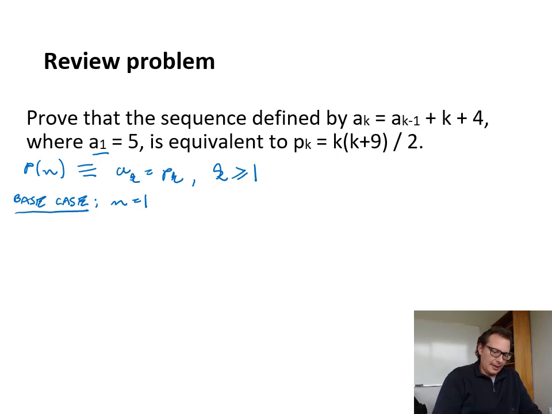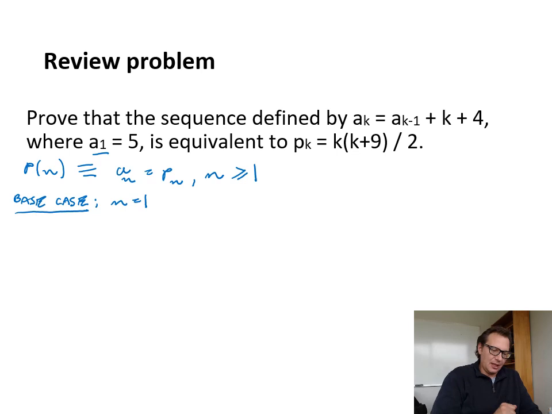Oh, sorry, I made a mistake in notation here. This should be n, not k. Note that you can choose whichever letter we want, but it should match what we have here in the parentheses next to p. So we have a of n is equal to p of n for n greater or equal to 1.